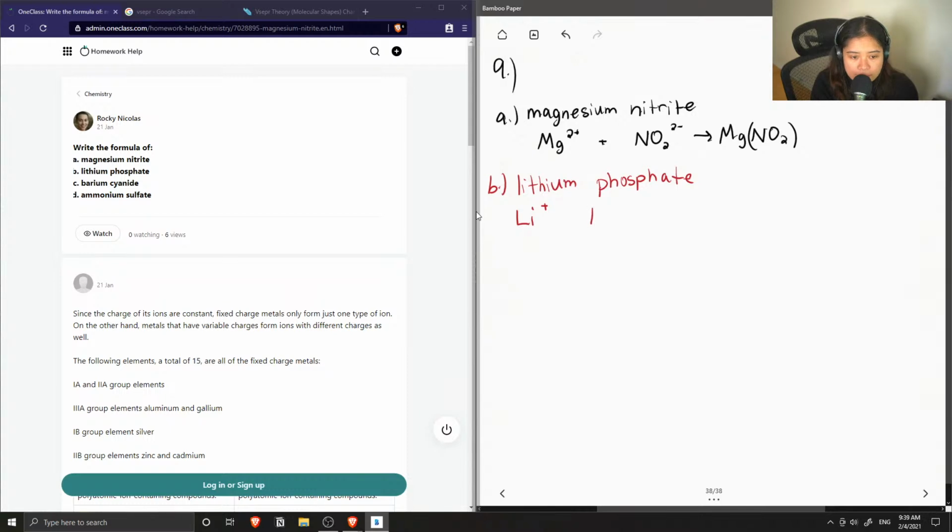And phosphate is another polyatomic ion, and its formula is PO4 3-. So if we look at our two ions, we can see that 3 lithiums are needed to neutralize the 3- charge on the phosphate. So the formula of lithium phosphate would be Li3PO4.